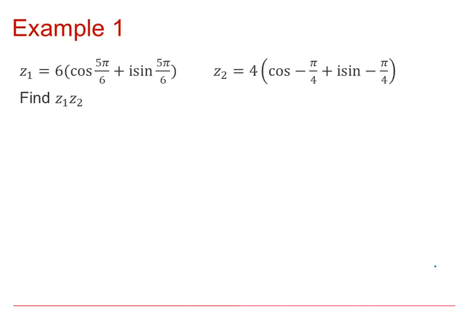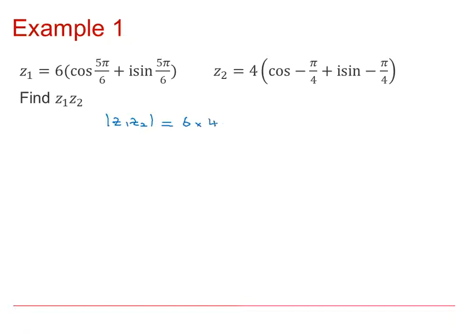For example, here we've got z1 and z2 in modulus argument form, and we're looking for z1 z2. So a quick way of doing this now is to think about the modulus of z1 z2. I'm going to do them separately just so you can see the process. The modulus of z1 z2 is simply the product of their individual moduli.